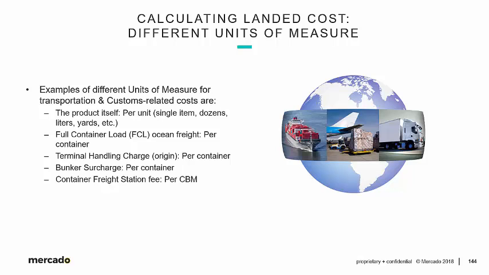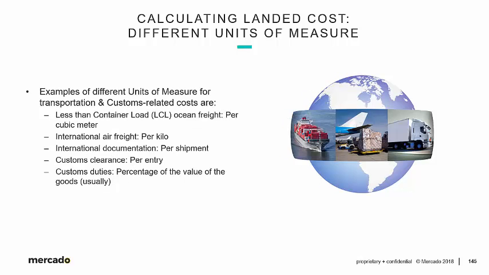If items are being consolidated at origin at a freight forwarder's warehouse, purchase orders from multiple vendors coming in and being consolidated into a single container, there's a CFS fee, container freight station fee. That's on a per cubic meter basis and is separate from any full container load transportation charge. Some others, maybe we as the importer don't have enough freight to fill a container at origin.